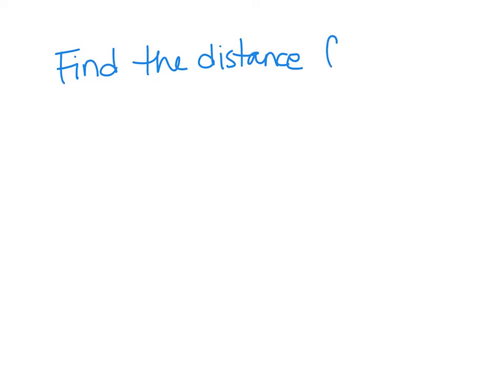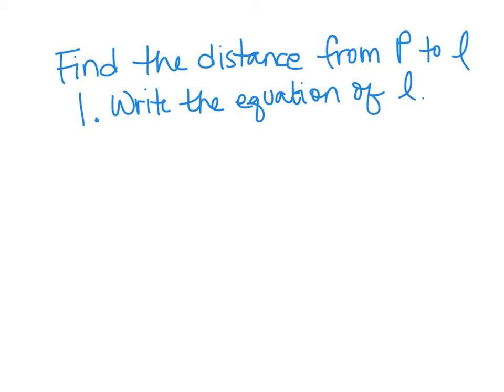So find the distance from P to L, point P to line L. So the first thing we want to do is write the equation of line L, using your knowledge.